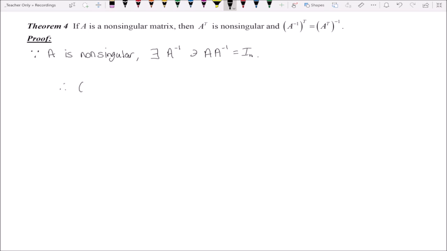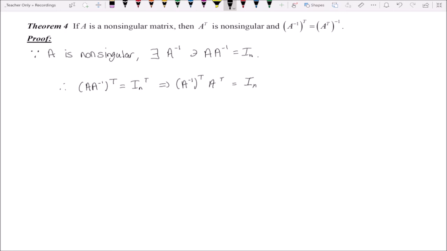What we get, right from the property that we studied in a previous video, is that to take the transpose of a product, you reverse the order of the product and take the transpose of each matrix. Now, the transpose of the identity matrix, in fact the transpose of any diagonal matrix, is the same.